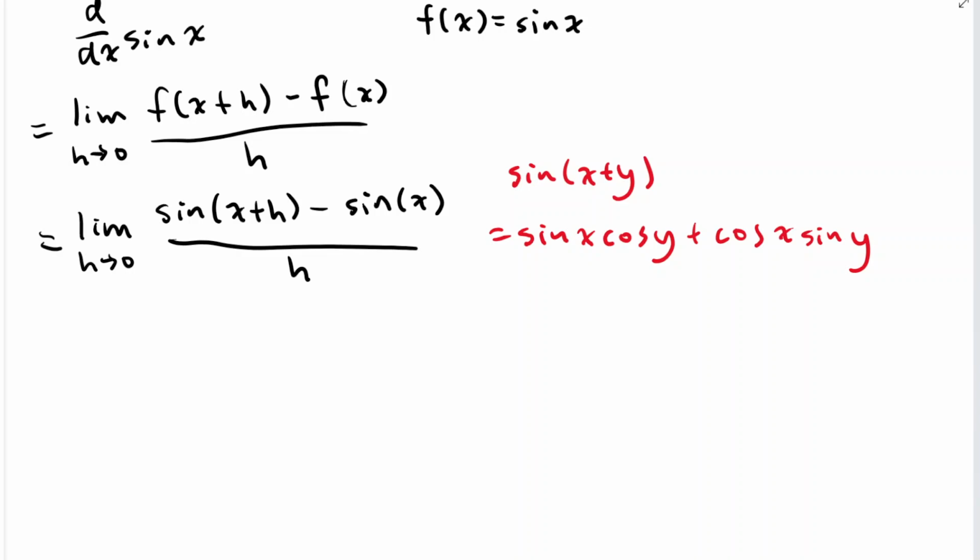It states that sine of (x plus y) would be equal to sine x cosine y plus cosine x sine y. Today I'm not going to derive this formula, but if you want to see me derive it, just leave a comment so I know, and I will try to give you some intuition behind this formula. So let's continue with this.